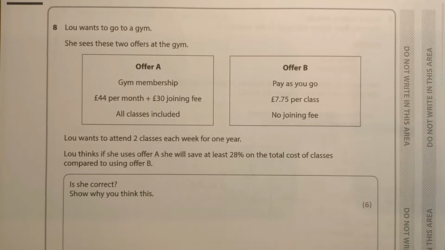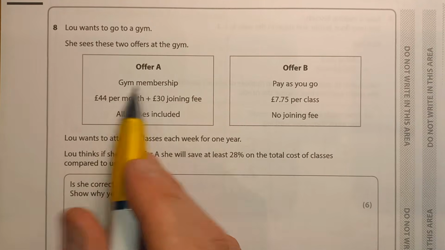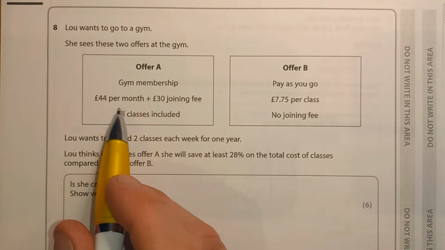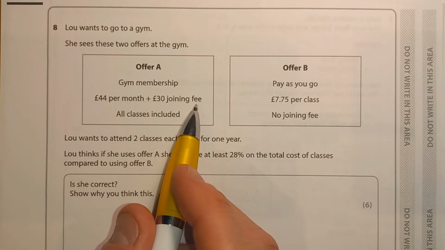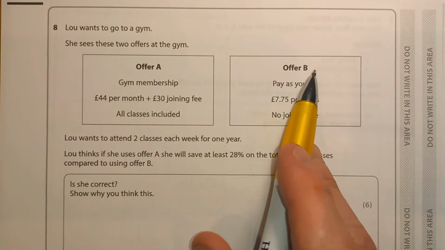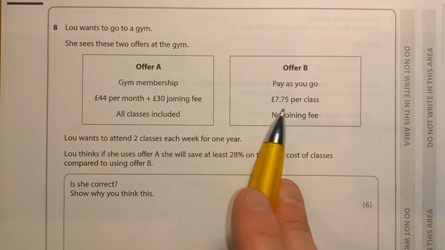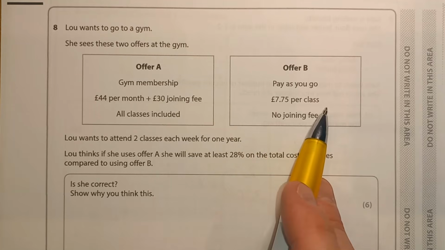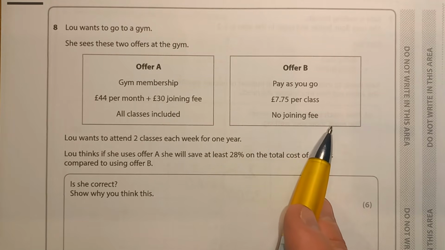Question 8. Lou wants to go to a gym. She sees these 2 offers at the gym. Offer A, gym membership, £44 per month plus a £30 joining fee, all classes included. Or offer B, which is pay as you go. It just pays £7.75 per class with no joining fee.